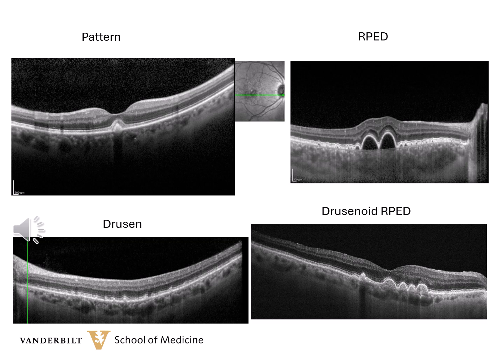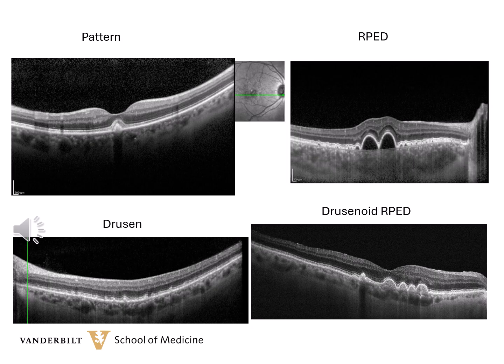This slide shows some of the differential OCT diagnoses. The top left slide is pattern dystrophy with the pathology at the level just above the RPE cells. The top right shows multiple pigment epithelial detachments.